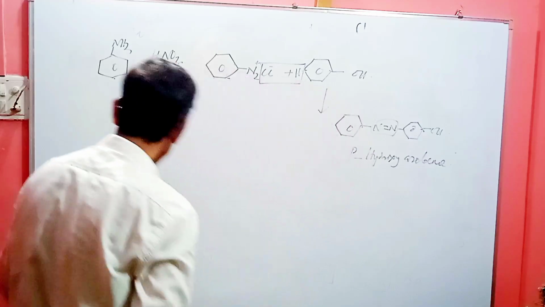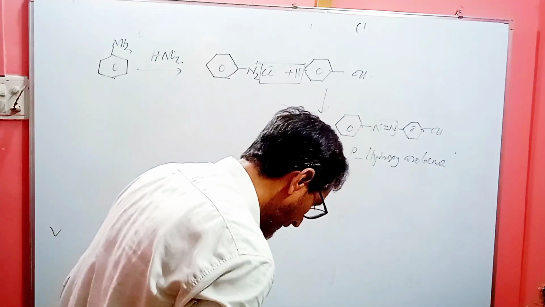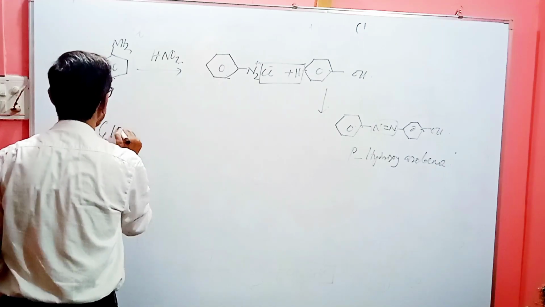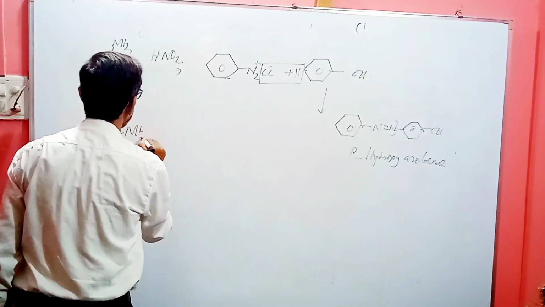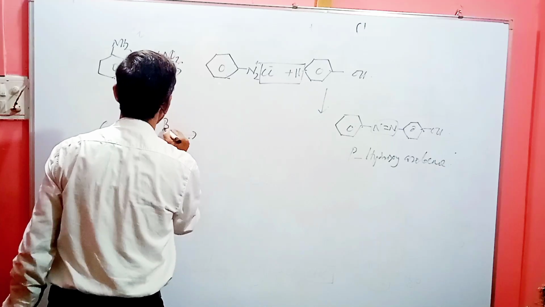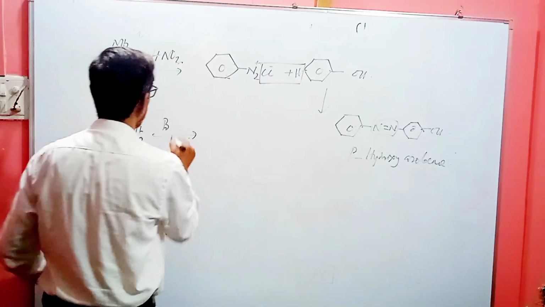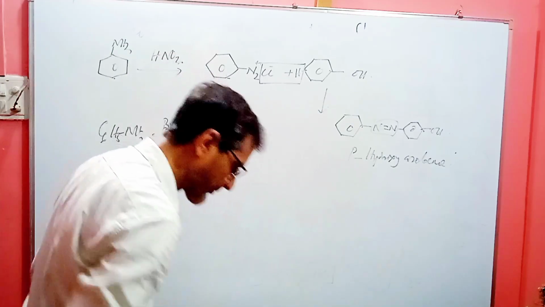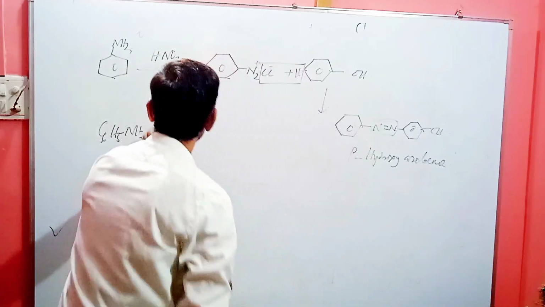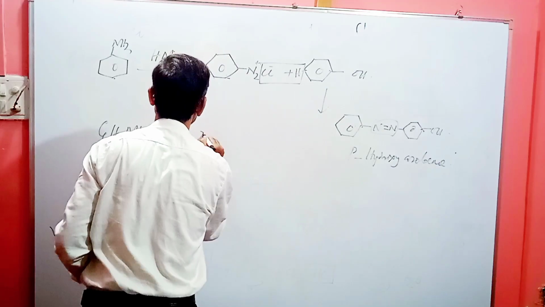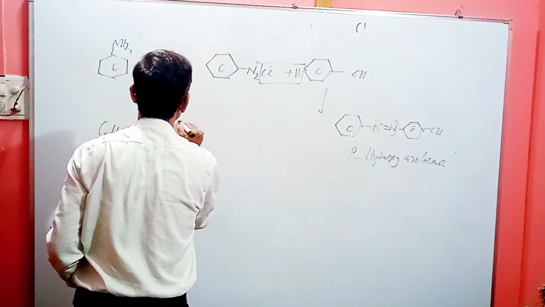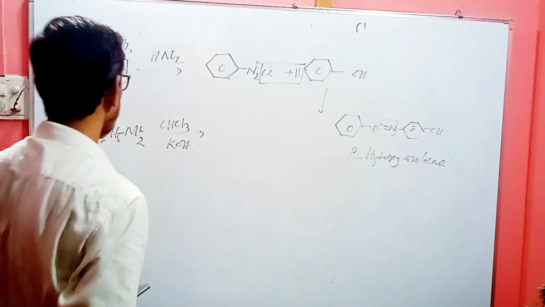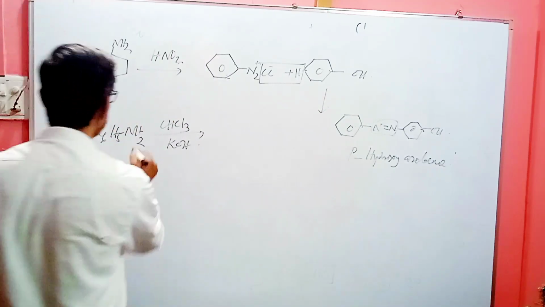So next one is aniline, C6H5NH2, plus chloroform and potassium hydroxide. That reaction is very simple.